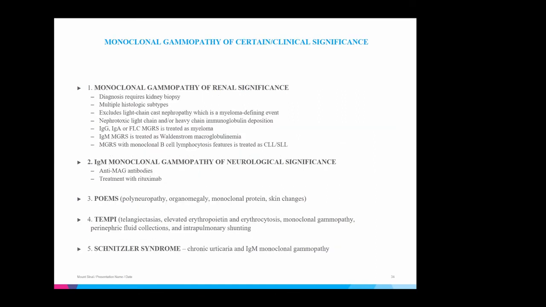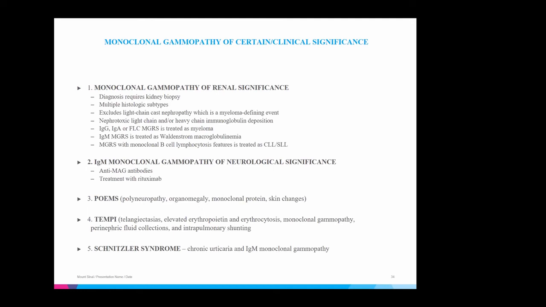There's a relatively new term that you may read about, which is called monoclonal gammopathy of certain or of clinical significance. And monoclonal gammopathy of renal significance is, I think, the most commonly written about. These are patients with monoclonal protein in the serum or the urine who have prominent kidney involvement, but don't meet criteria for multiple myeloma.